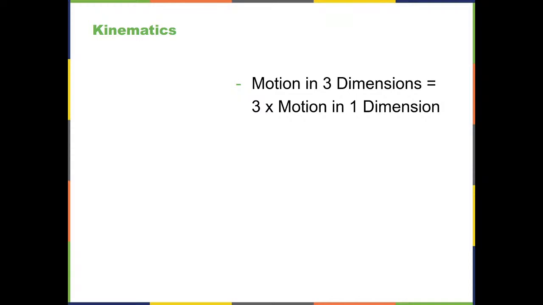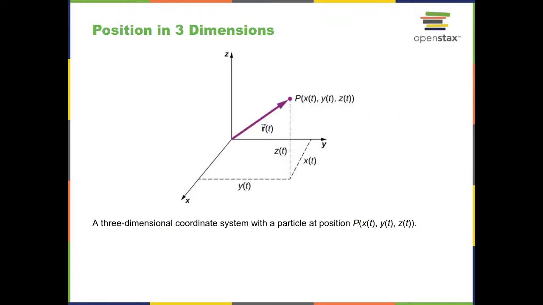So let's introduce that a little bit more mathematically by looking at positions first in 3 dimensions. Of course, we're going to be talking mainly about 3 dimensions, but it should be straightforward to simplify that again to 2 dimensions. In 3 dimensions, we have x, y, and z.